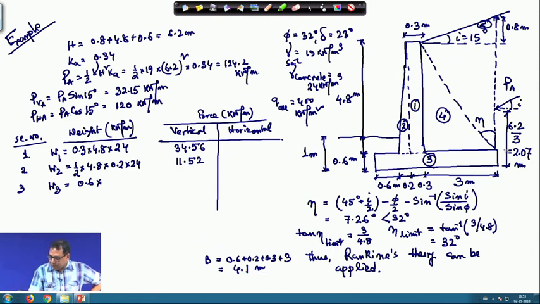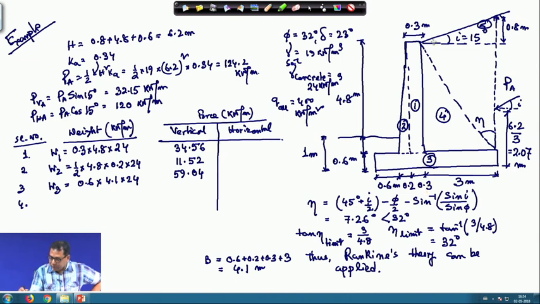Okay. So, this is the width of the retaining wall. So, this is 0.6 into 4.1 into 24. So, this is equal to 59.04 kilonewton per meter.